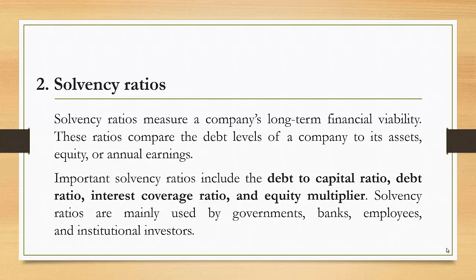The ratios that we can use under this category to check the financial viability of the company include debt to capital ratio, debt ratio, interest coverage ratio, and equity multiplier. Solvency ratios are mainly used by governments, banks, individuals, employees, and institutional investors.